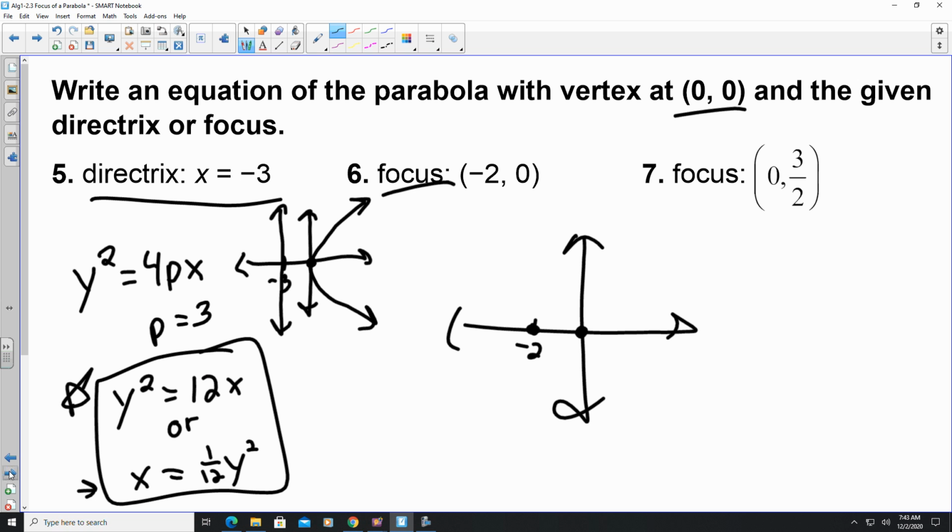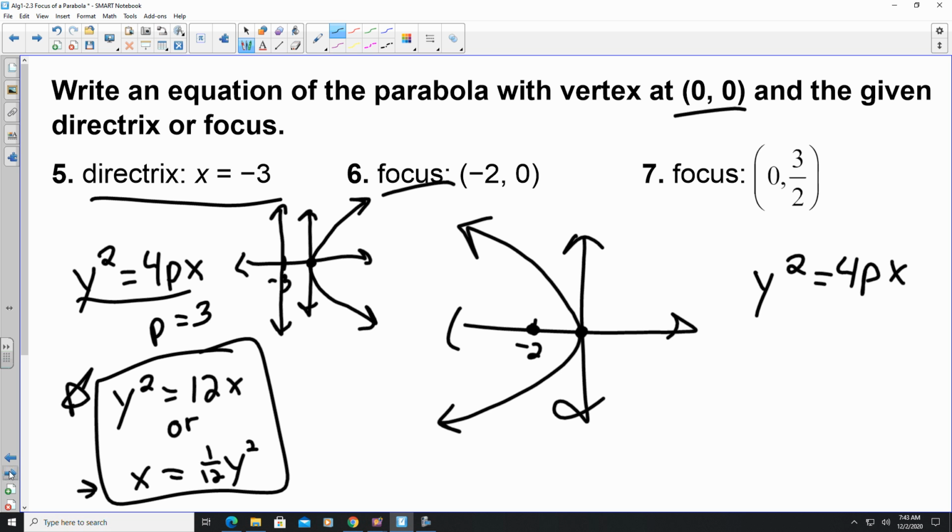My parabola is always going to be going with the focus. So that means it's opening up to the left. That means we're dealing with this same general equation, y squared is equal to 4px.